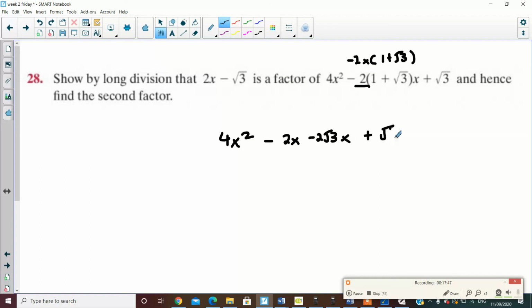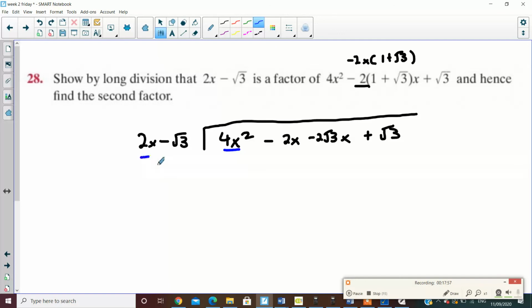Plus root 3. All divided by 2x minus root 3. 4x squared divided by 2x. 2x. 4x squared minus 2 root 3x. Alright, that's fortunate actually.